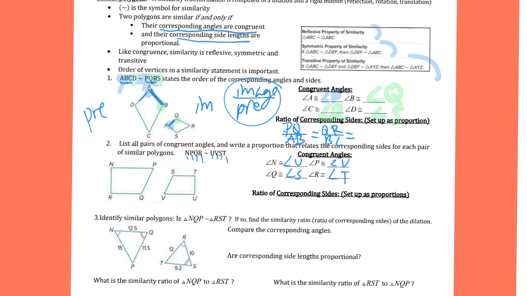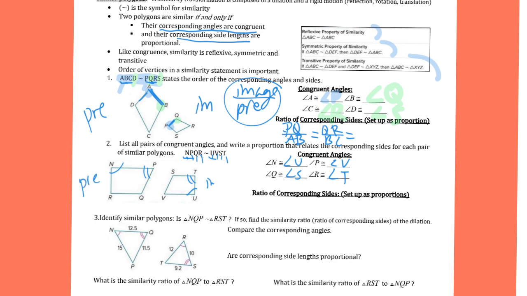So you could write down each of those angles that would be congruent. Corresponding angles should be congruent to each other, and you could mark them on your diagram. That'd be a good idea: oh, look, N should be congruent to angle U. And then P and V, just give them a similar number of stripes. Then also the corresponding sides: you can go to the similarity statement, and again, it generally is the image over the pre-image.